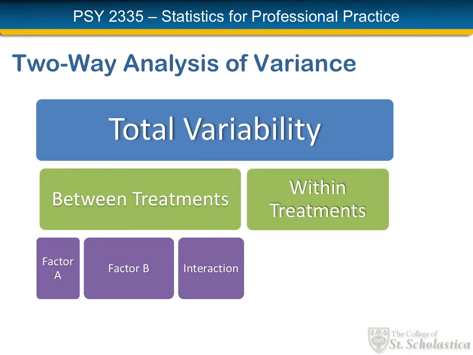Our two-way analysis of variance is a two-stage procedure. The first stage is just like what we did in our one-way analysis of variance. We would compute a sum of squares total that represented all the variability within the data set, and then we would break it into the components, the part that was variability within the treatment groups.